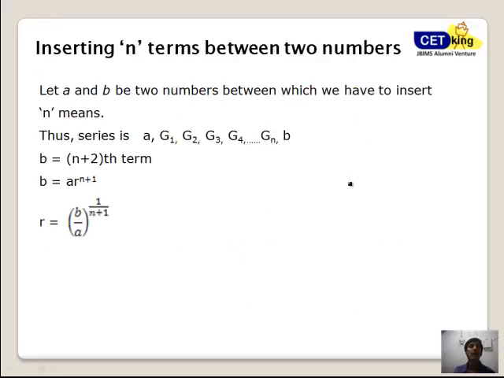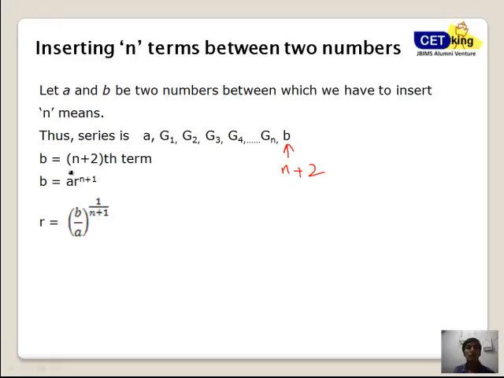Now let's see how we can insert n different terms between two numbers such that the series is still in a GP. So let us consider two numbers as A and B, between which we have to insert n different means. Thus the series will become A, G1, G2, G3 up to Gn and B. In this case, after adding n geometric means, we get B as the n plus second term.